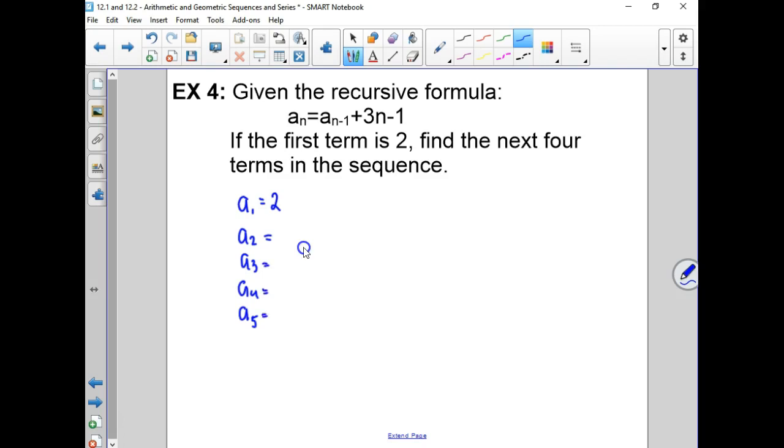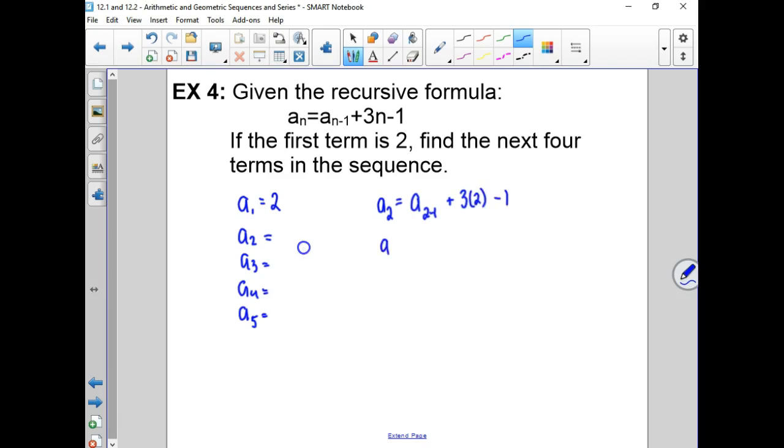So we would have a sub 2 is what we're looking for. That means that n equals 2. So we would have a sub 2 minus 1 plus 3 times 2 minus 1.